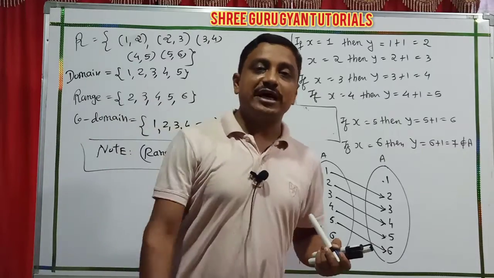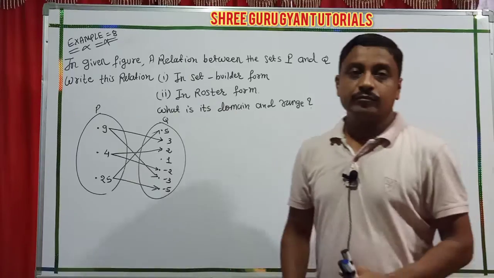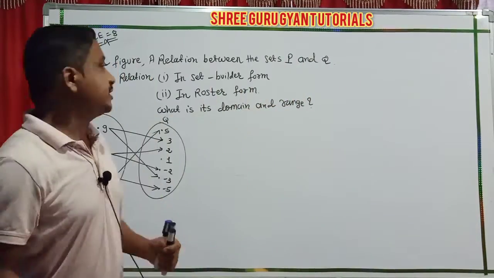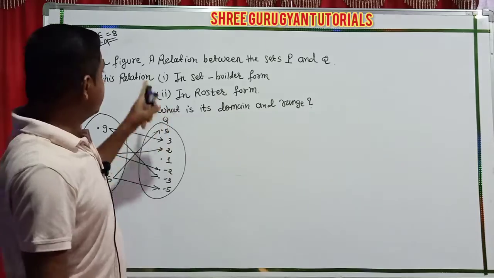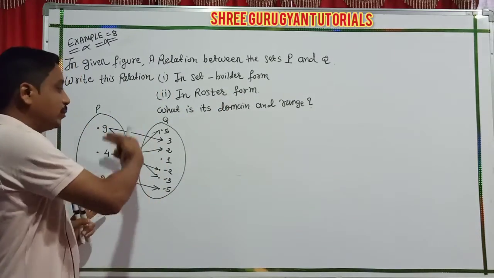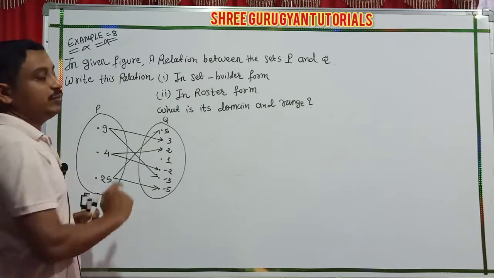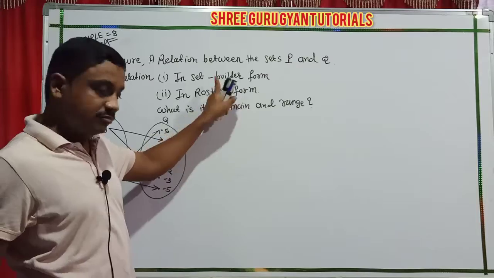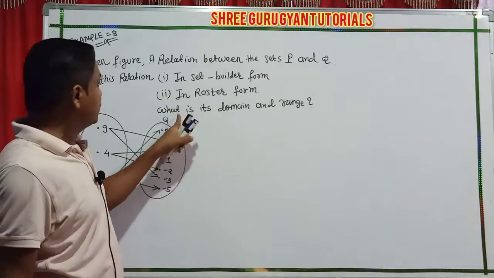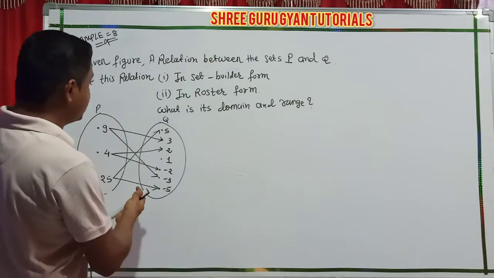Now students, I go to the next illustration. It's very easy. Now continue, students, with our example 8. In this given figure, these two figures are given already. The domain part is given and the codomain part is given. And we find the relations between P and Q in set builder form, roster form, and also the domain and range. It's very easy, students.